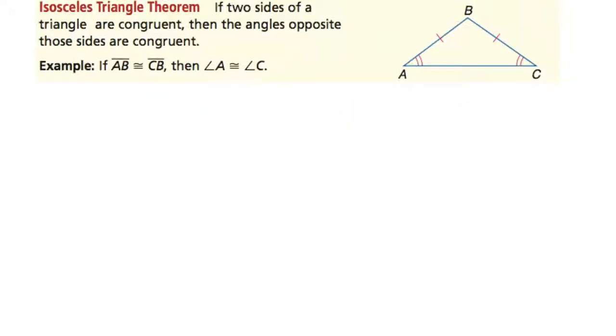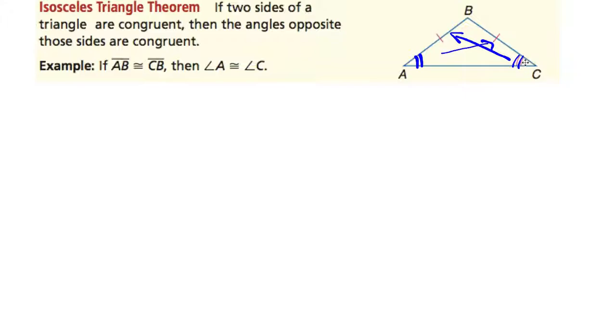Now, there is the isosceles triangle theorem. And what it says is if two sides of a triangle are congruent, then the angles opposite those sides are congruent. So if I have these two as my base angles, then that means that the congruent sides are going to be opposite, meaning directly across from them.